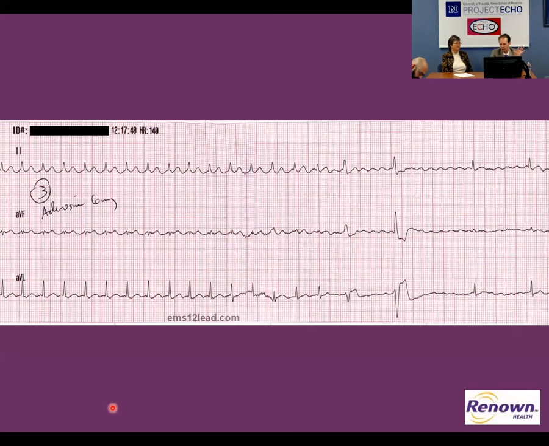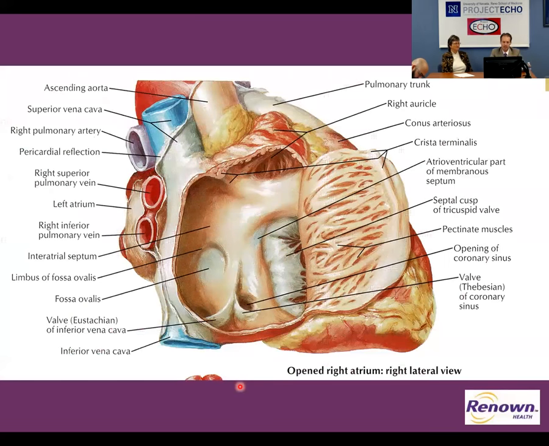Fibrillation would be similar, except that your fibrillatory wave wouldn't necessarily be so sawtoothy in general. So, okay, atrial flutters. Going back to the same sort of meta image of the right atrium, right ventricle, tricuspid valve, IVC. Atrial flutter is a macro-reentrant arrhythmia of the right atrium.